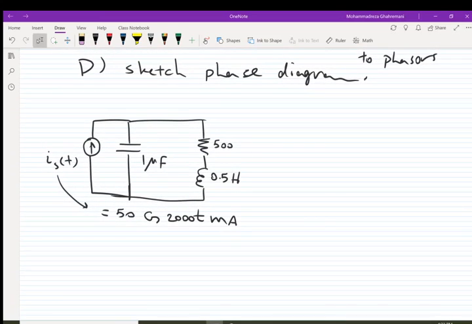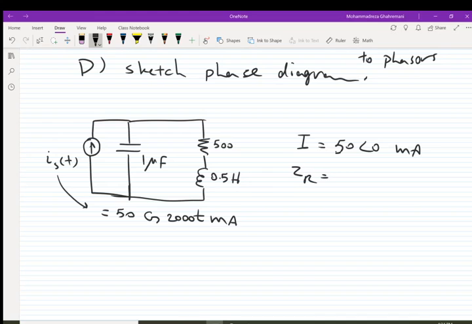Okay, so as usual, the first step is converting these values to phasors. We know that I will be equal to 50 with the angle of 0 milliamp.